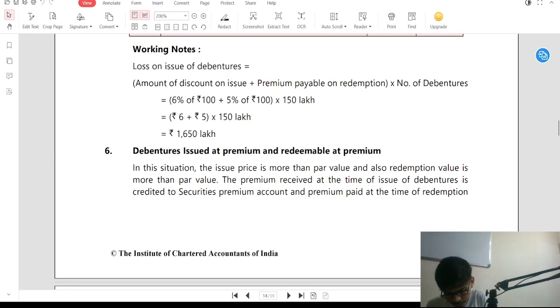Let's say F. So debentures issued at premium and redeemable at premium also. Done. चलिए इसको एक बार देखते हैं, जर्नल्स वगैरह कर लेते हैं एक बार और समझ लेते हैं.